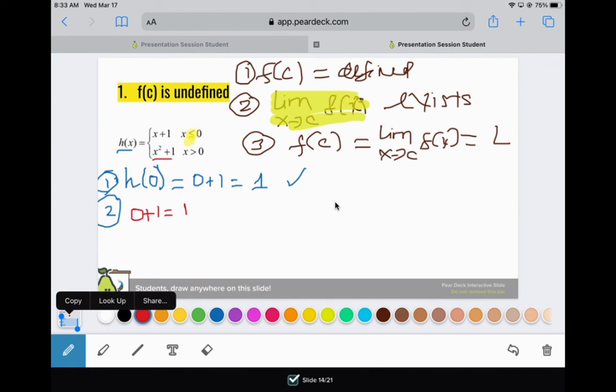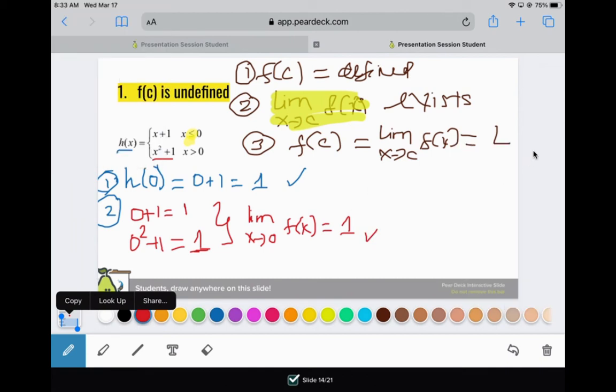Then I'm going to test out the bottom function too, which is 0 squared plus 1, which gives me 1. If they have the same values, is there a limit for this function? Yes, right? If they are equal, the limit is that number. So yes, there is a limit. So step 2, checked.